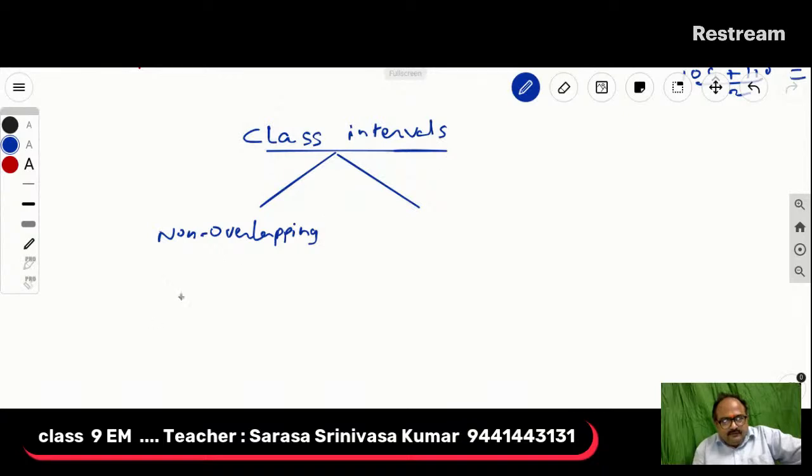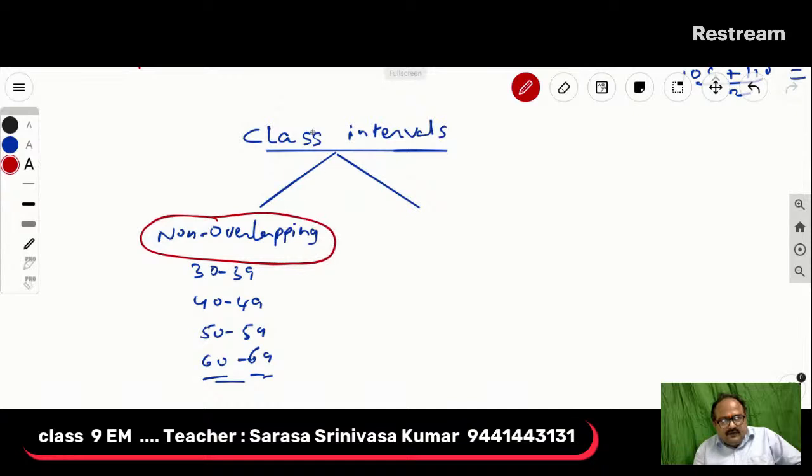These are non-overlapping. In this example, we have written 30 to 39, 40 to 49, 50 to 59, 60 to 69, and so on. These are examples for non-overlapping, means these are non-overlapping.